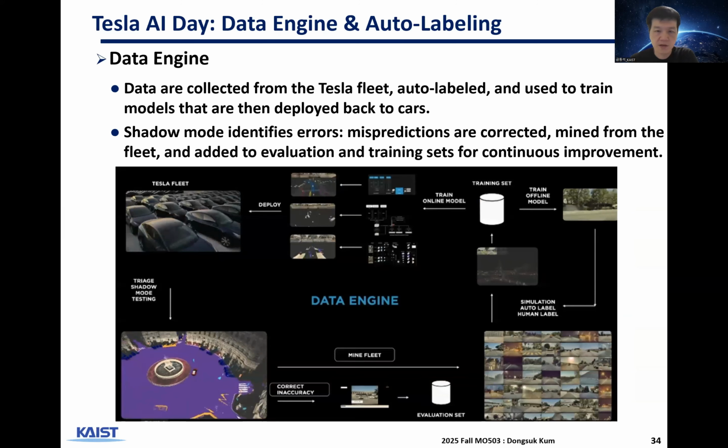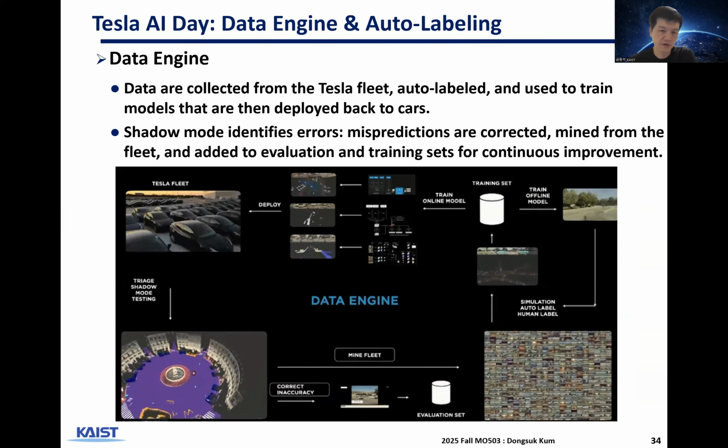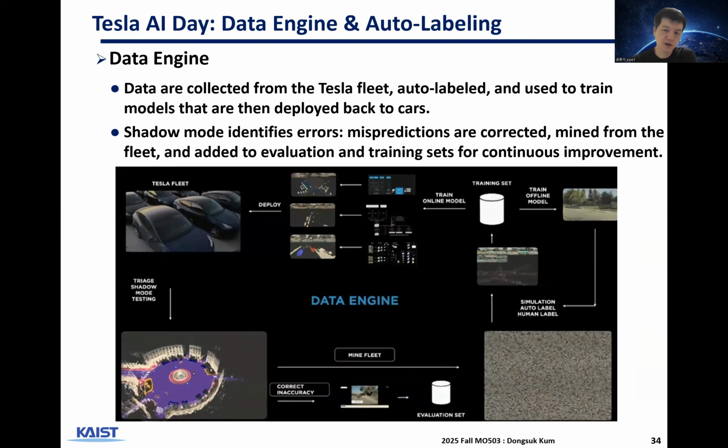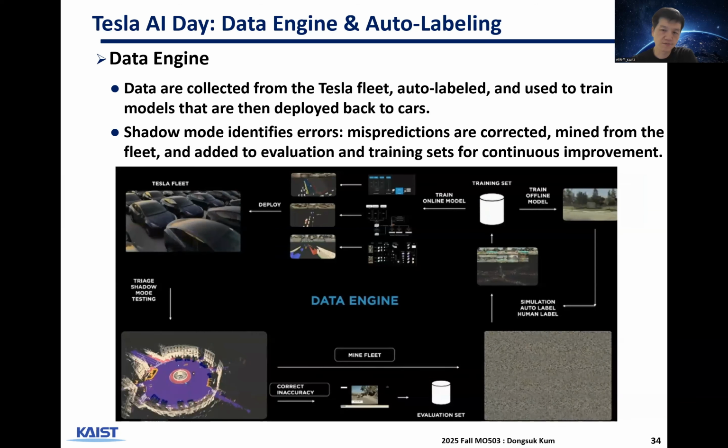In this course, in the perception module, we talked a lot about model architecture, but in practice, in reality, the data engine is so much more important and challenging, critical to achieve an actually working model, because it's all about data.